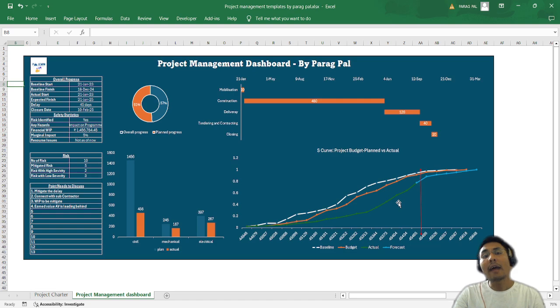It means I am always going in a negative direction. My earned value is not matching with my planned situation. My SPI, schedule performance index, and cost performance index are on the negative side. It means I am lagging behind, or I have a depreciation in my project, you can say.